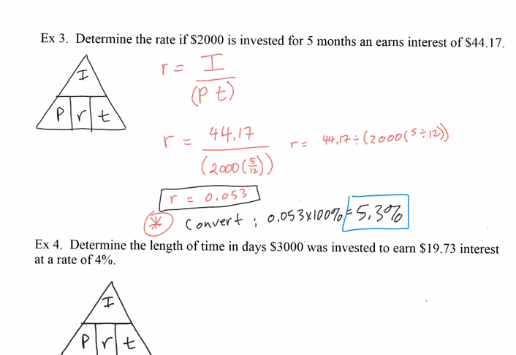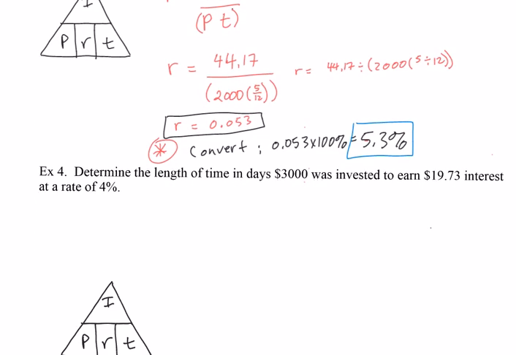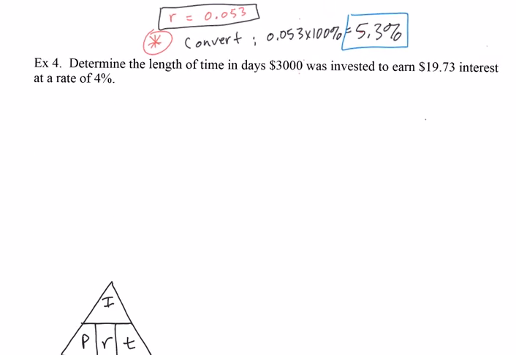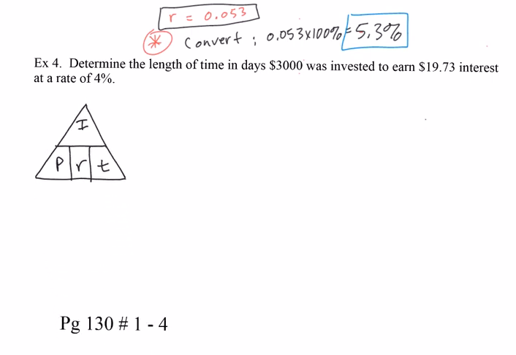The next problem we have here deals with time. So what I'm going to do is I'm actually going to move my time information. In this case, it says, determine the length of time in days. $3,000 was invested to earn $19.73 interest at a rate of 4%.